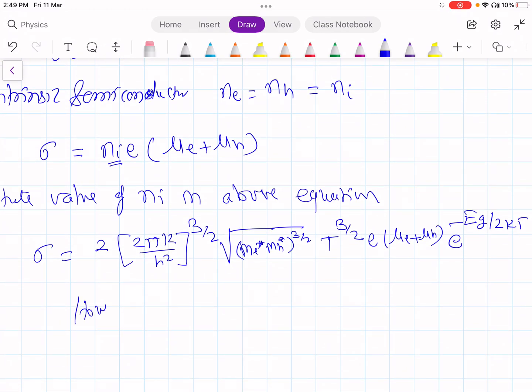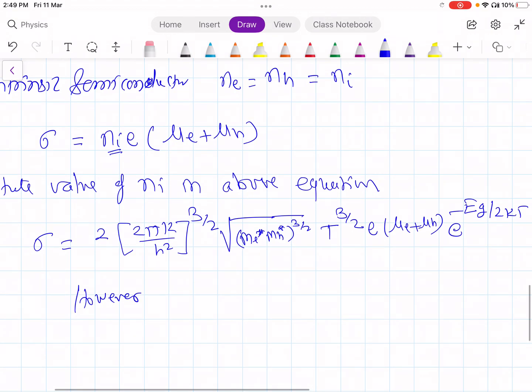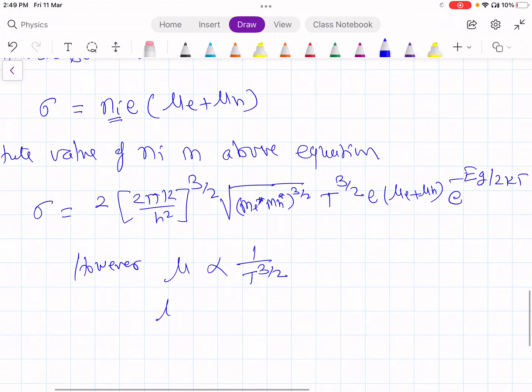However, we know that the mobility is inversely proportional to T raised to 3 by 2. So mu e is inversely proportional to T raised to 3 by 2, that is equal to, say the constant is alpha, T raised to minus 3 by 2.